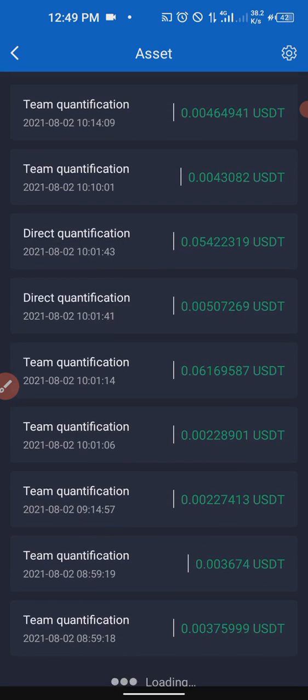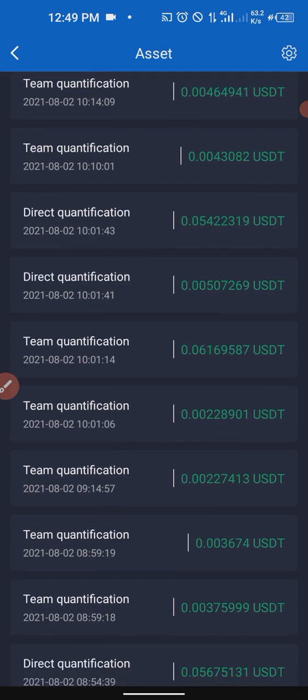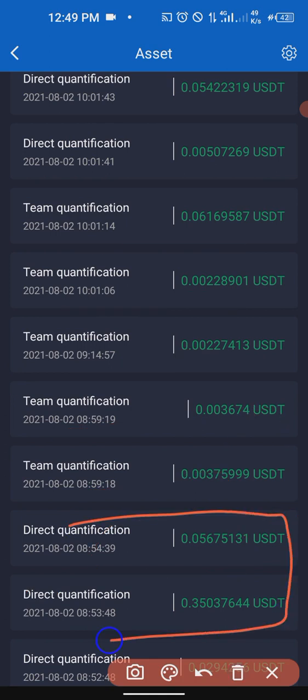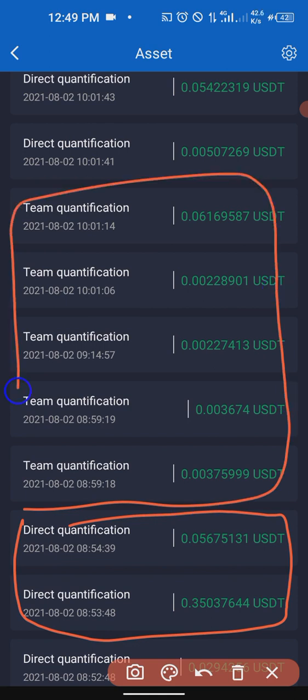This is because as my various downlines are trading and they're being deducted gas fee, based on the level they are, be it direct or indirect downlines, you can see this is direct quantification, meaning this is from the trade of somebody who is directly under me. This is team quantification, meaning this is from the trades of my downlines and everything. So you can see that here.